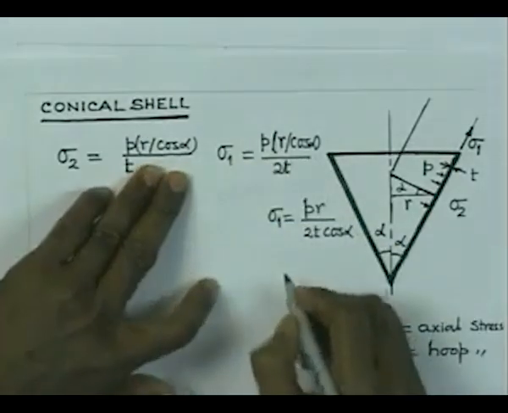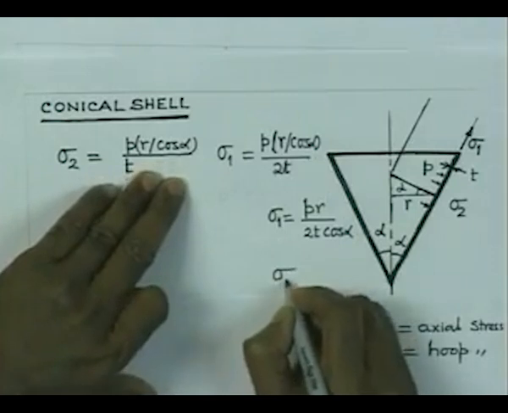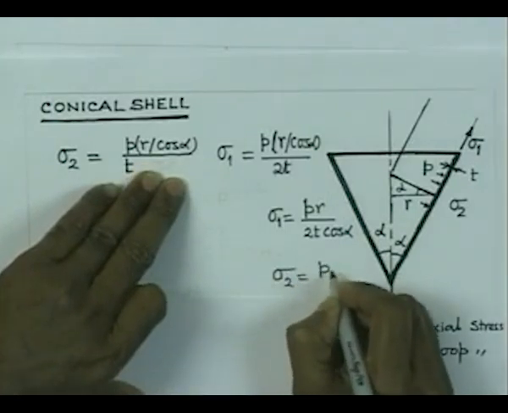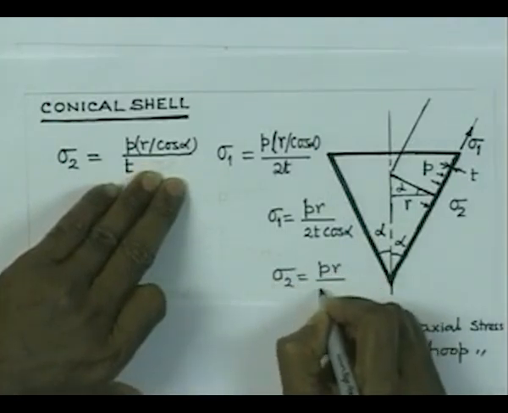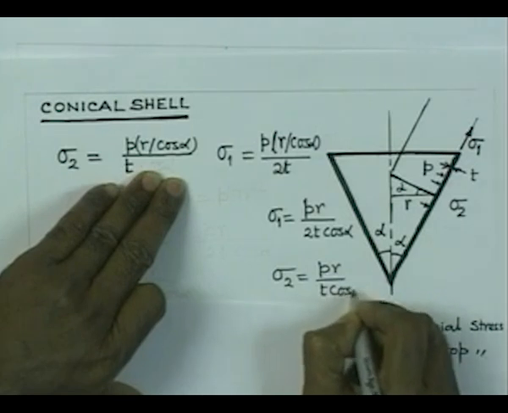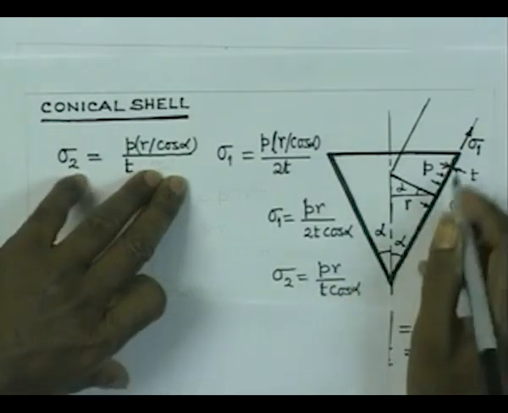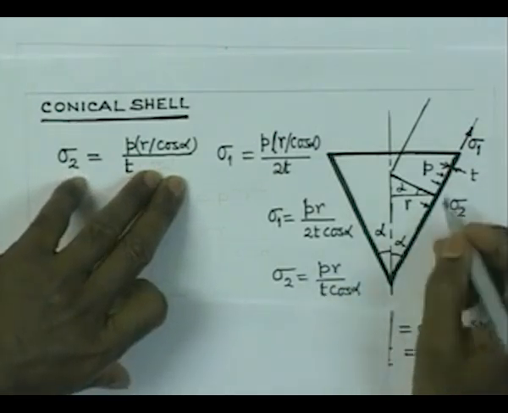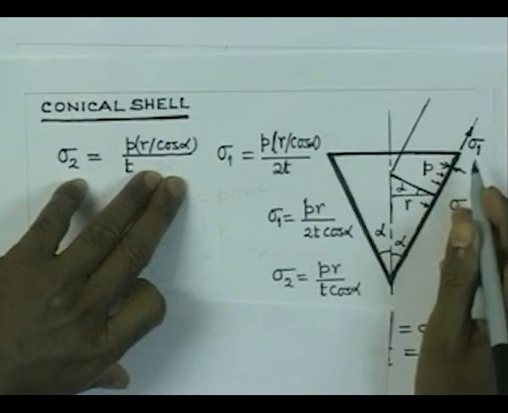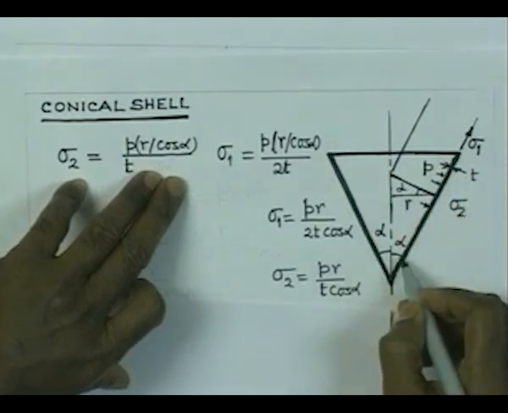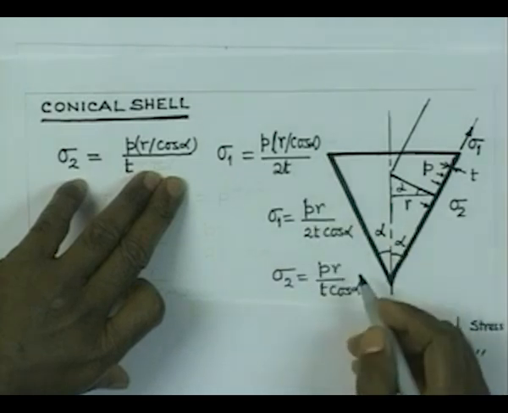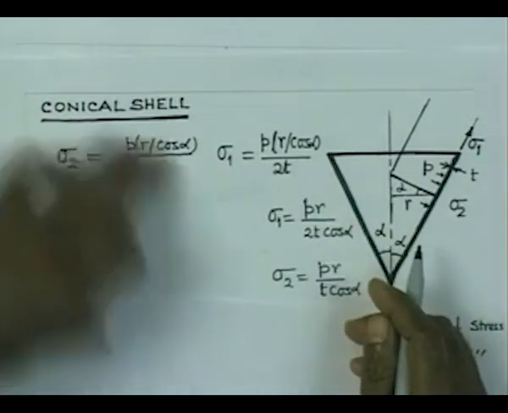Therefore, sigma 2 is going to be P r by T cos alpha. So, these are the stresses at a point in a conical shell. If alpha is equal to 0 degrees, that becomes a cylindrical shell, and then you get back the formula for the cylindrical shell.